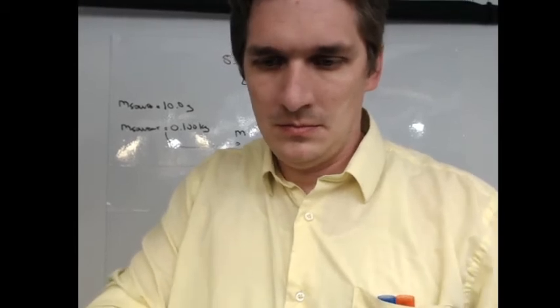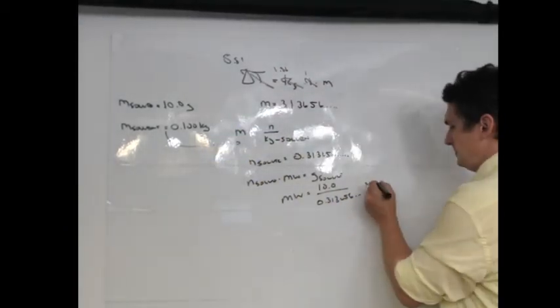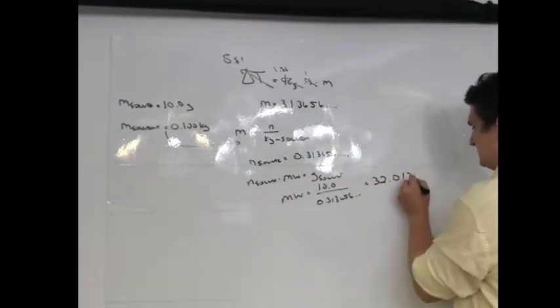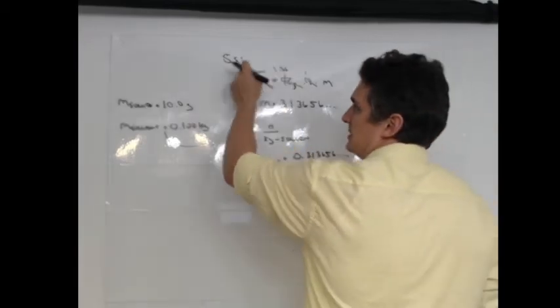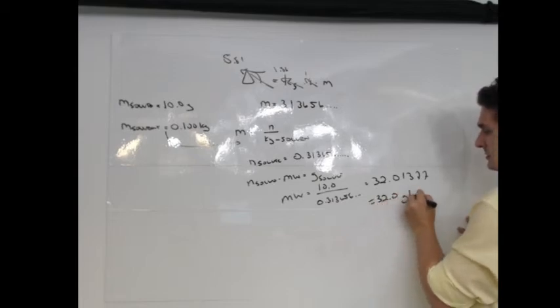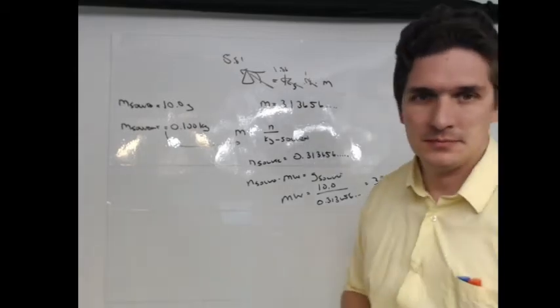And I'm guessing these are pretty cooked numbers. Yeah, those are pretty cooked numbers. So you get 32.01377. You've got 3 sig figs in all the numbers that are given to you, so your molecular weight here is 32.0 grams per mole.